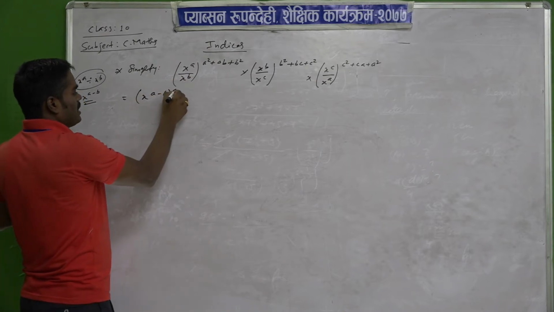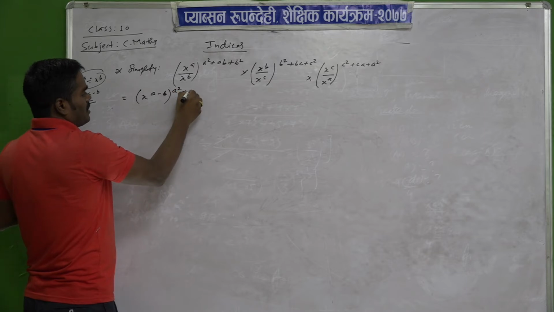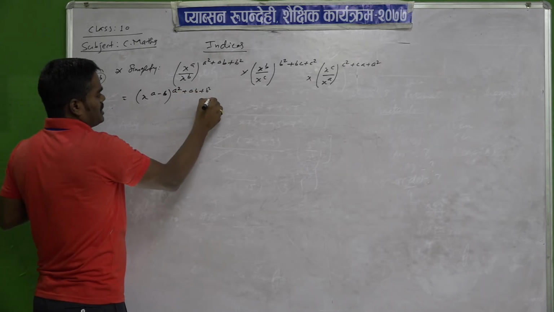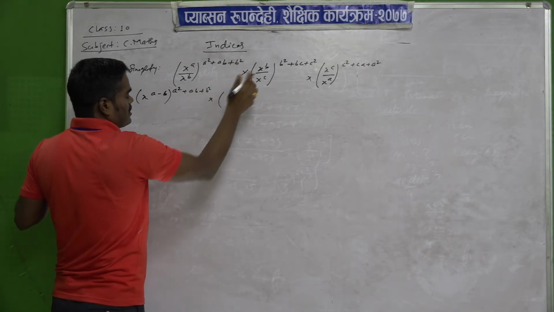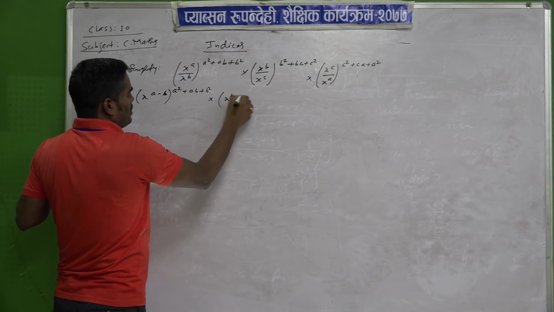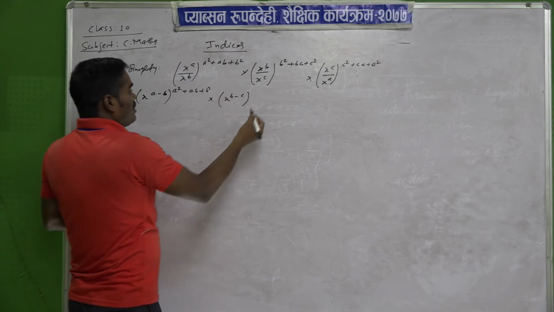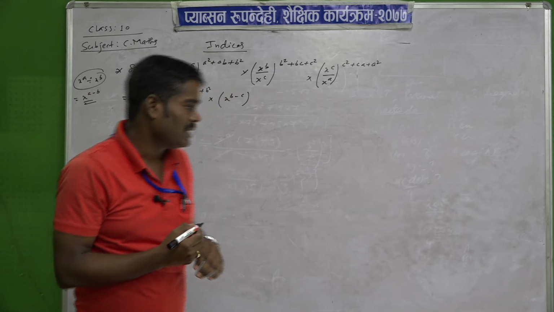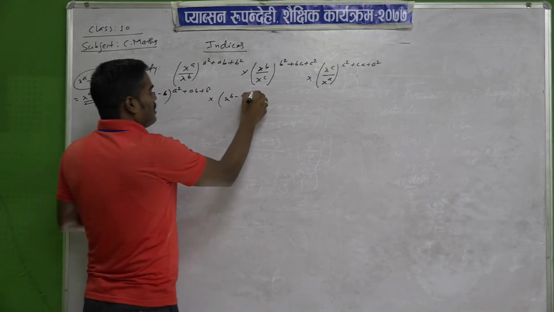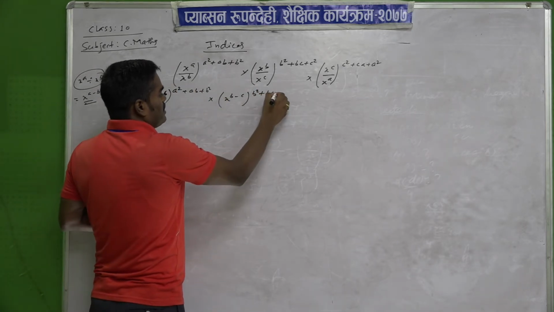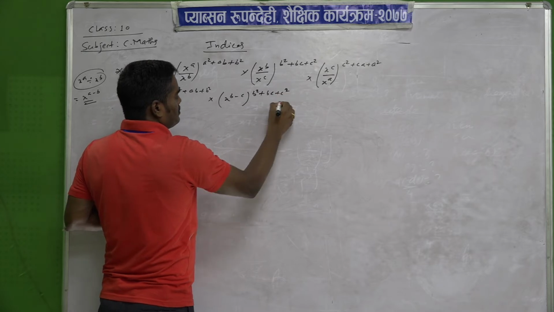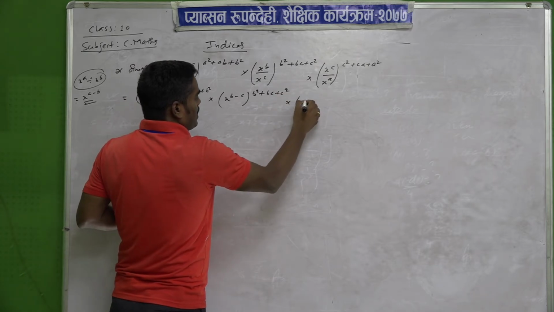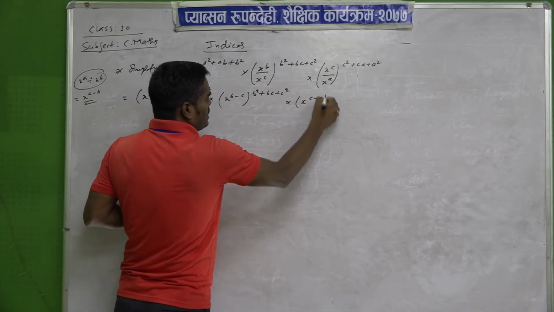So the whole power is a square plus ab plus b square, and likewise the same in divide form, x power b minus c, while taking from down to up the sign of the power will change. B square plus bc plus c square, and then x power c minus a.